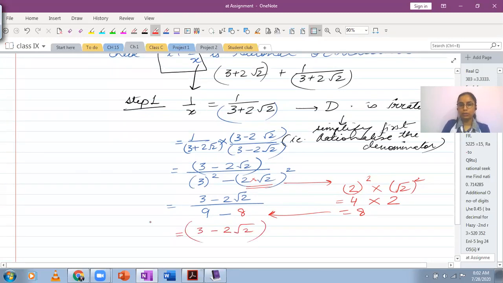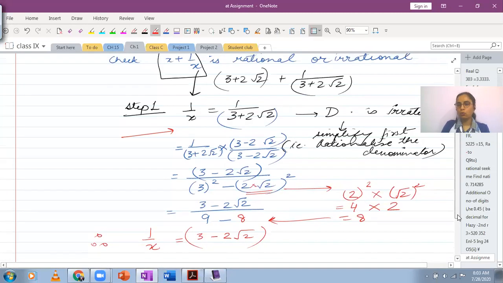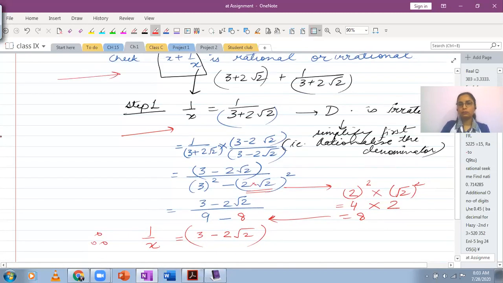I've got this. This is the value of 1 by x. Earlier, I had an expression in fractional form which contained an irrational denominator. Now I just have a simple expression. Now I can go back to my question. I will be now working with this. This is now what I want to deal with, x plus 1 by x.